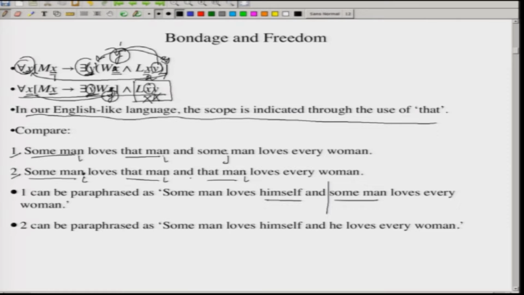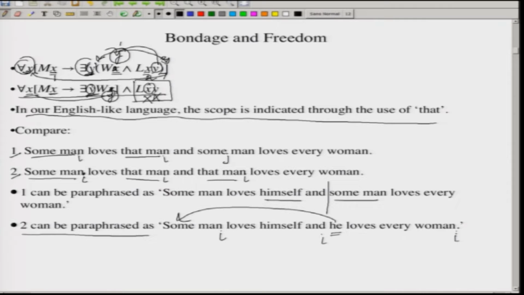And the second one, that is 2, can be paraphrased as some man loves himself and he loves every woman. Now he is a binder. He goes back to this one here. They're all co-indexed.